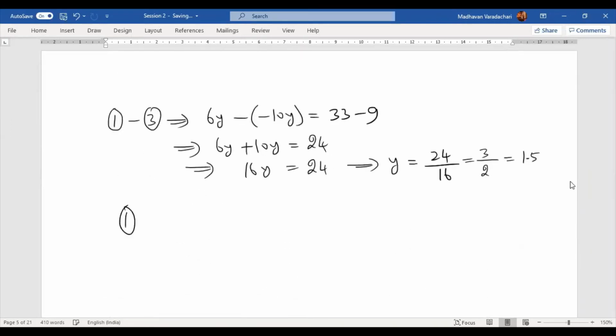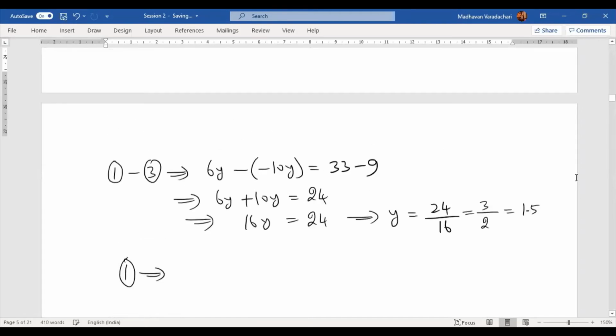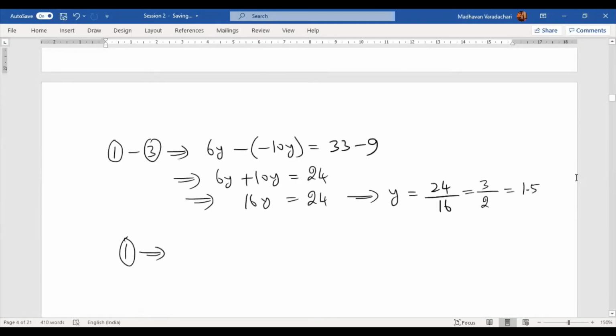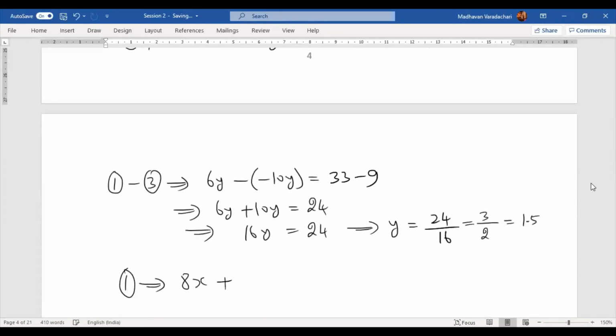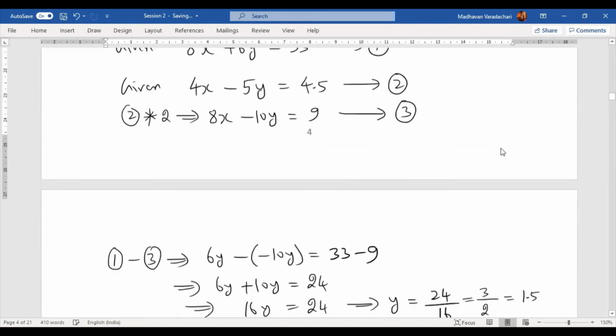First equation is 8 times x plus 6 times y. Y is 1.5. That gives us 33.